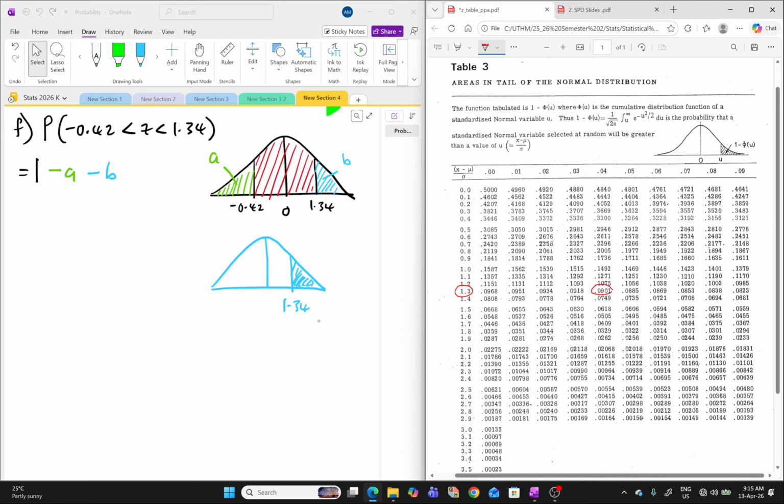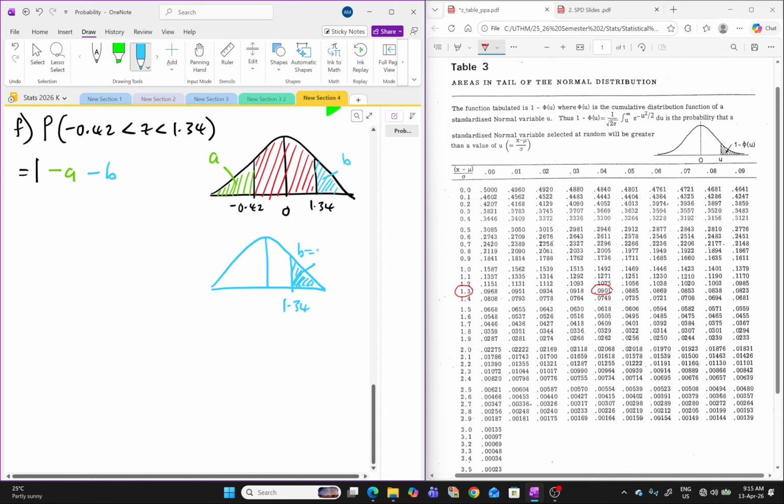That would be 0.0901. For A, this is negative, so I switch to positive.